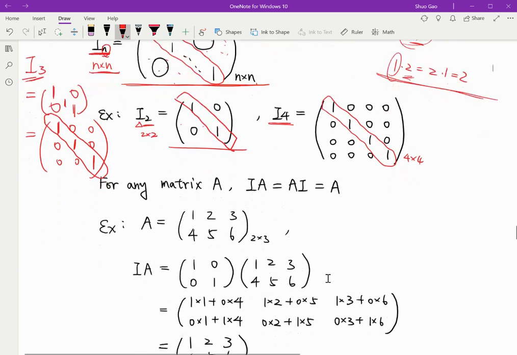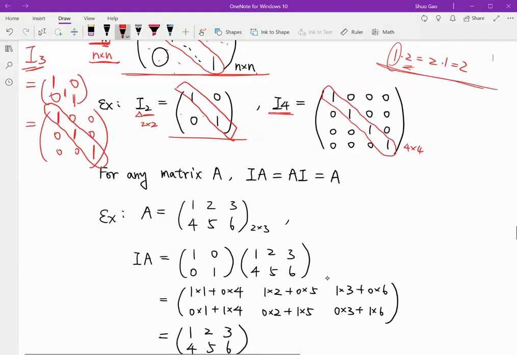So let's look at these properties. For any matrix A, the identity matrix times A equals A times I equals A itself, right?